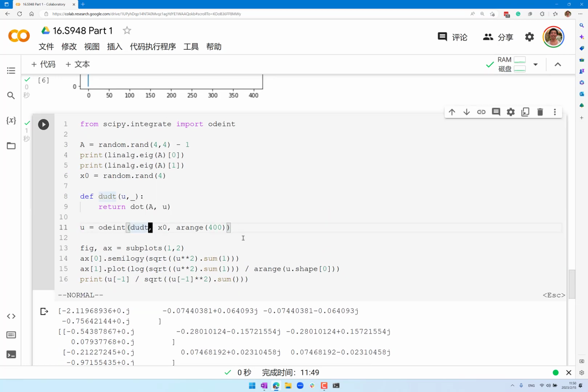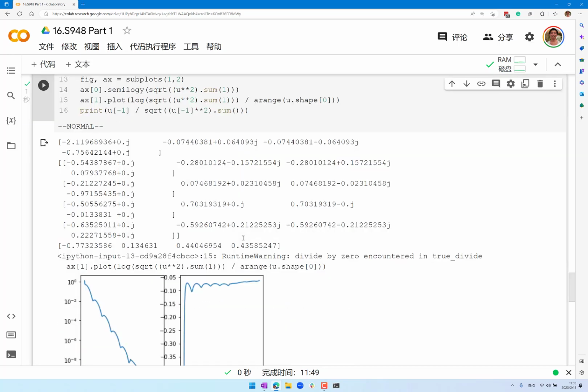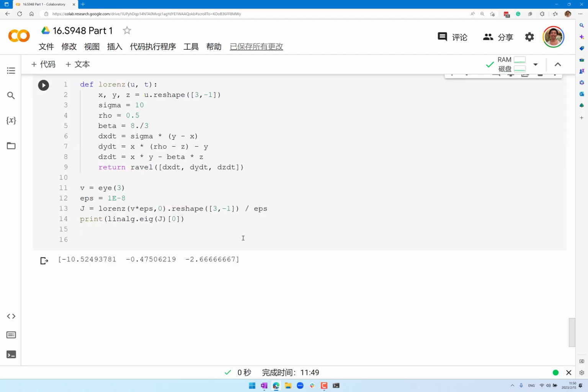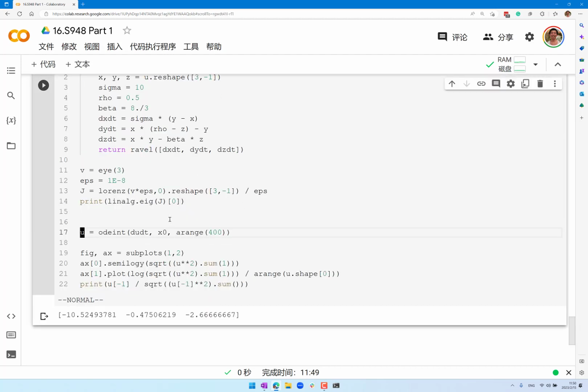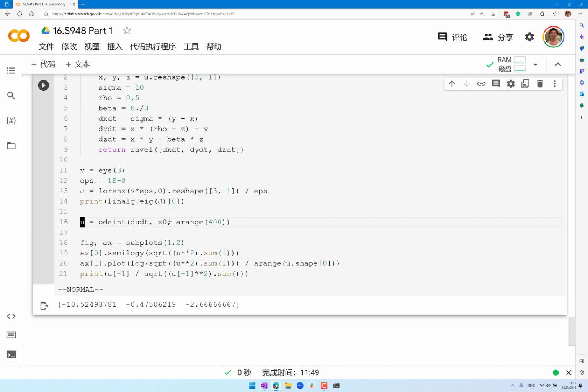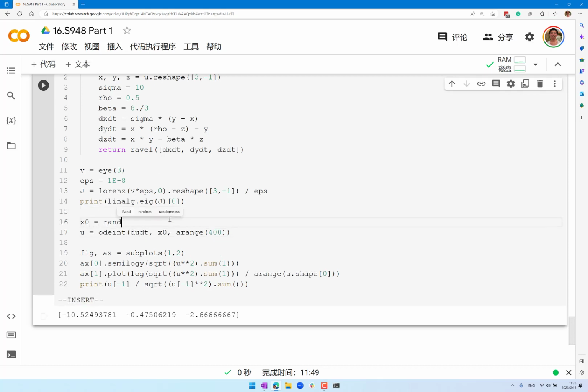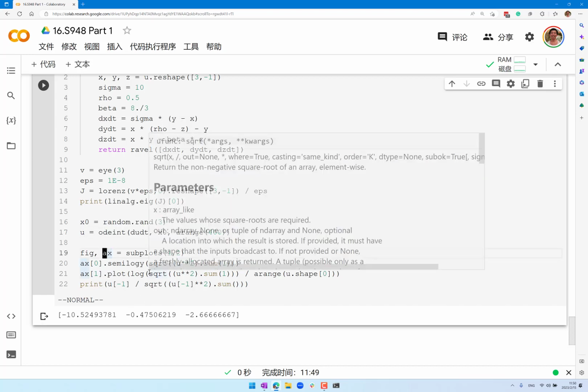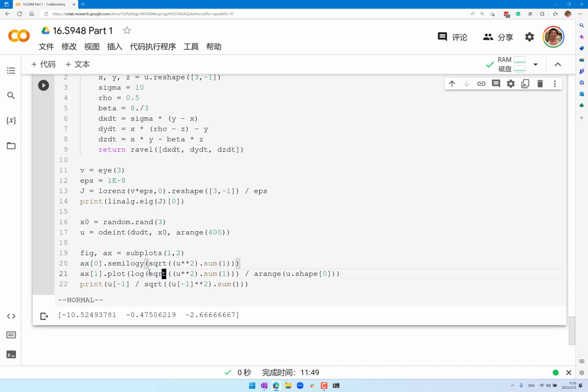Let's just take a random x0 and integrate, and plot the same thing. So we are taking a random x0. In this case, the dimension of the system is 3, and we integrate again over 400 time units. Let's see how the plot looks in this case.